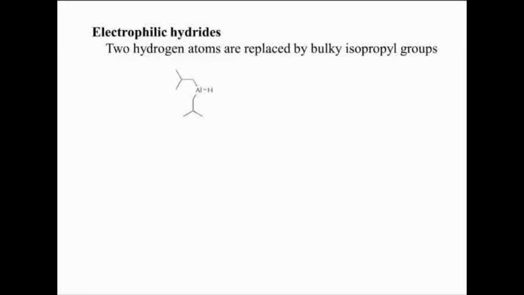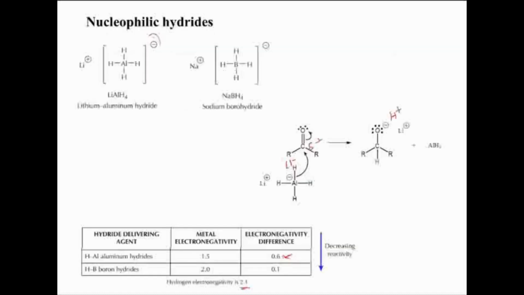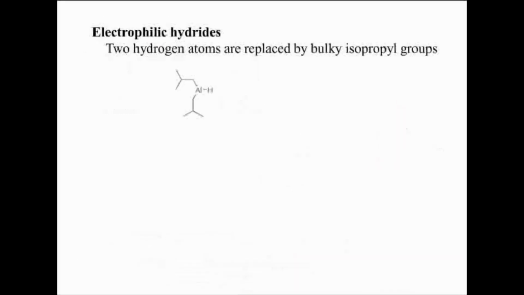The nucleophilic hydrides are very powerful because they are having 4 hydride atoms. All 4 hydride atoms can be used for reduction, so they are very powerful. Now we are making the reagents less powerful, which is why we are moving to electrophilic hydrides.